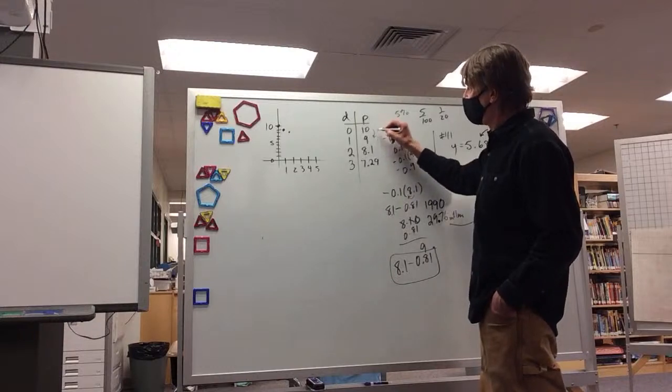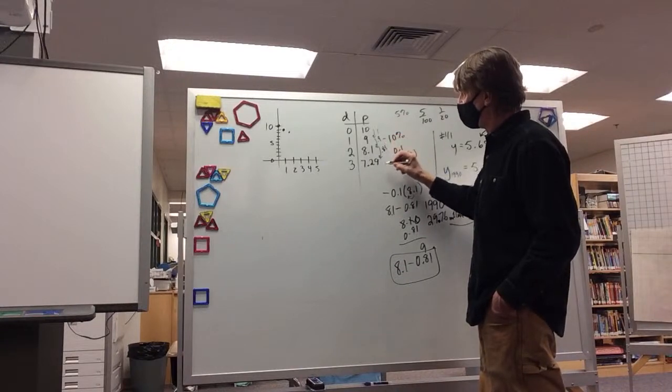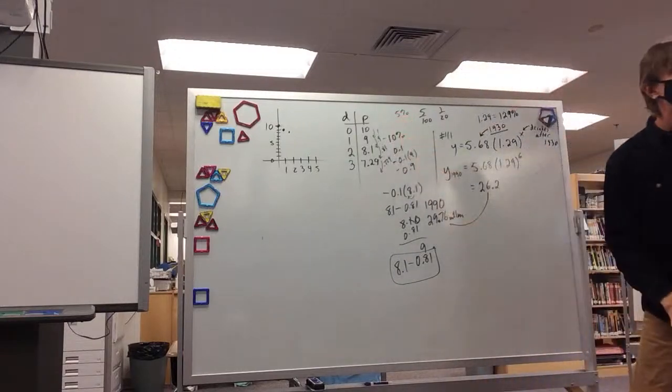So this went down by 1, this went down by 0.9, this went down by 0.81, this is gonna go down by 0.729. So you see it's going down by less and less and less.